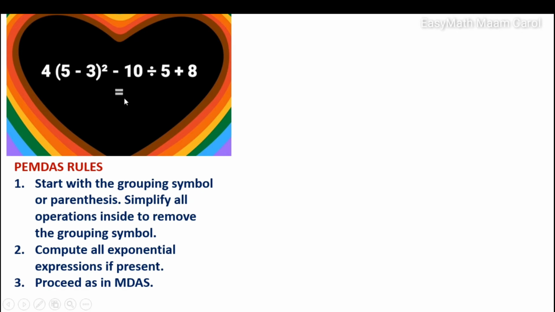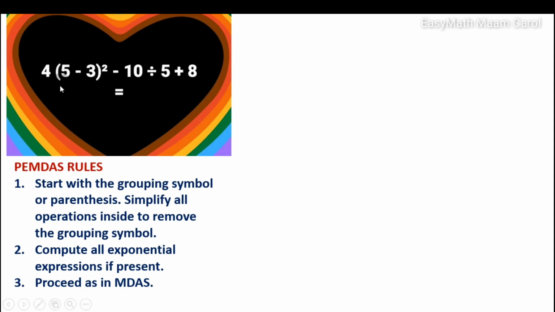Okay, so for this particular problem, we have 4 times the quantity 5 minus 3 squared minus 10 divided by 5 plus 8. So it's a little bit more complicated than the previous one kasi we have a grouping symbol and we have an exponent.